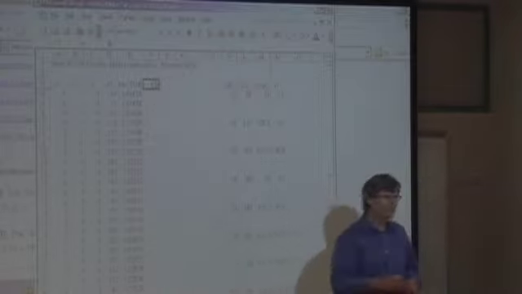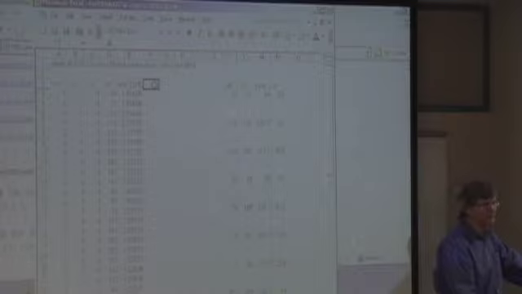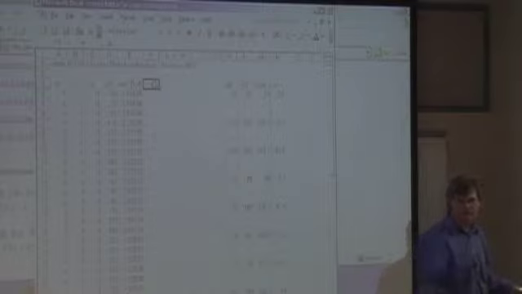And now I have what? The square root of the weight, I guess, would be what? If the weight is the reciprocal of the variance, then you have to unravel that. What's the square root of the weight? The square root of the weight is therefore 1 over the standard deviation, right? Square root of the weight is 1 over the standard deviation, which is 1 over the square of this number, because the standard deviation is the square of this number.